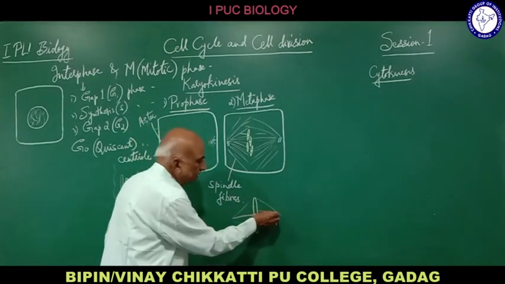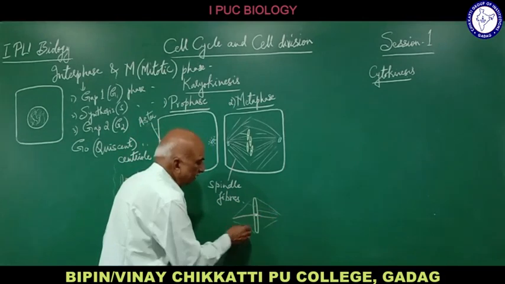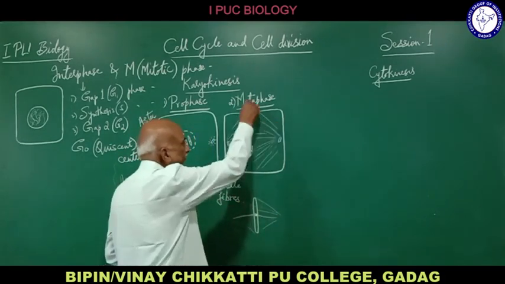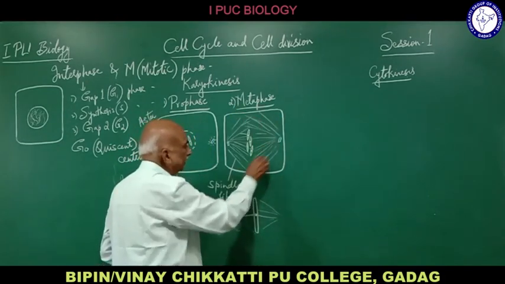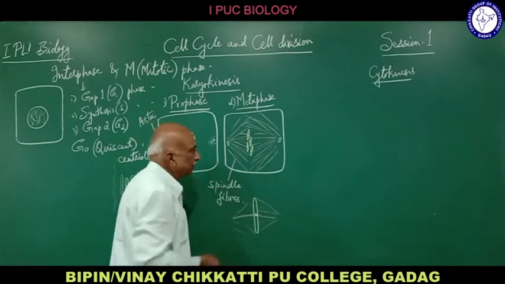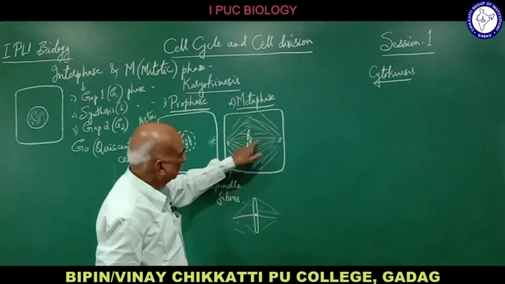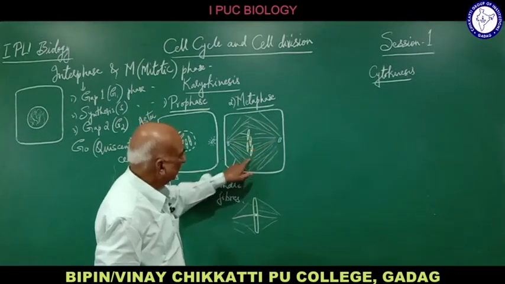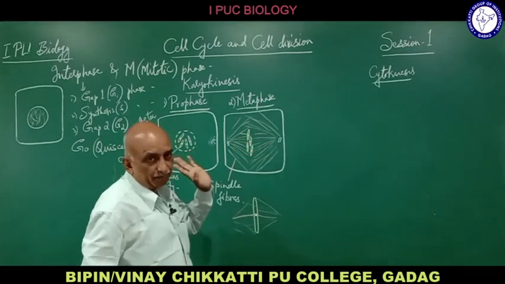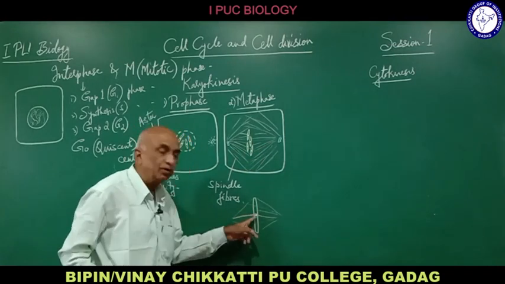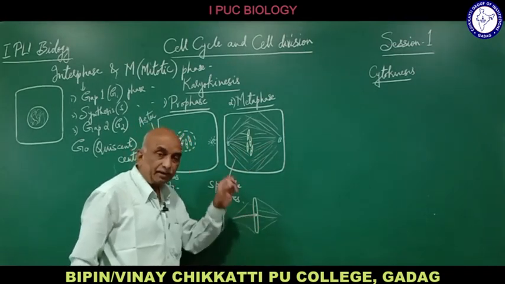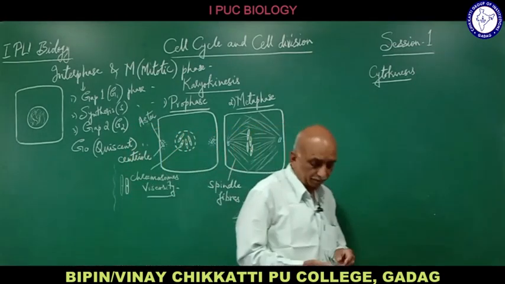Other fibers are just in contact with the chromatid, and other fibers are still freely present in the cytoplasm like this. So certain fibers are in contact with the chromatid, certain fibers with the centromere, certain fibers freely present in the cytoplasm. Those which are in contact with the centromere become attached to the centromere.